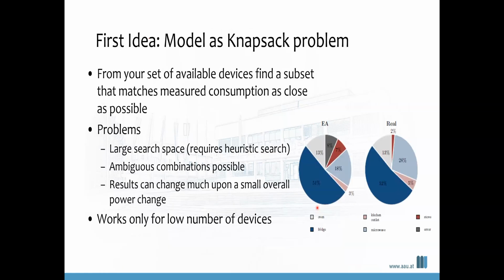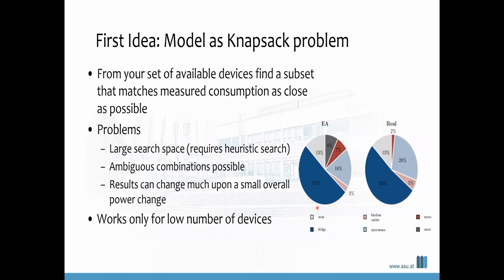So this is known as the knapsack problem. So basically our knapsack is in this case the overall power consumption, and the things that we can put into the knapsack would be the different power values of the devices. And we try to find a subset of available devices that matches the measured consumption as close as possible.